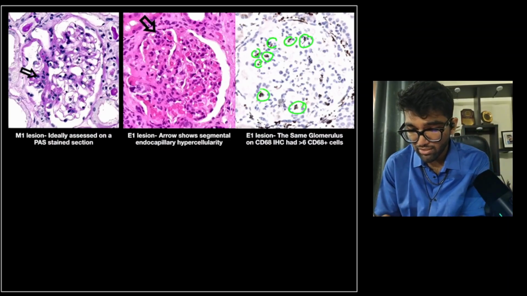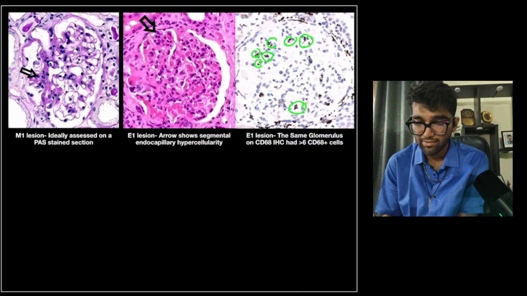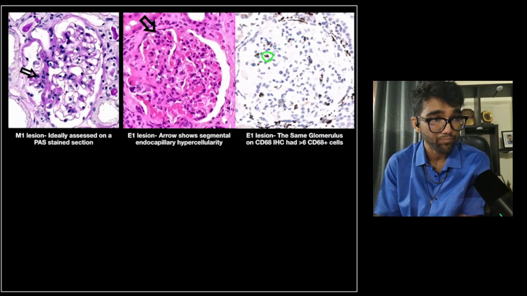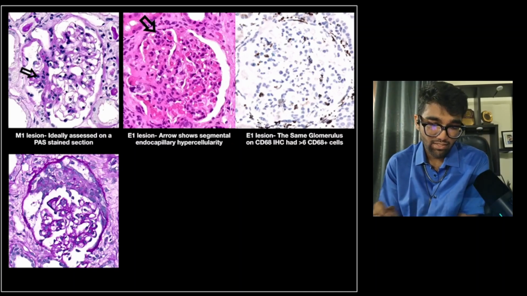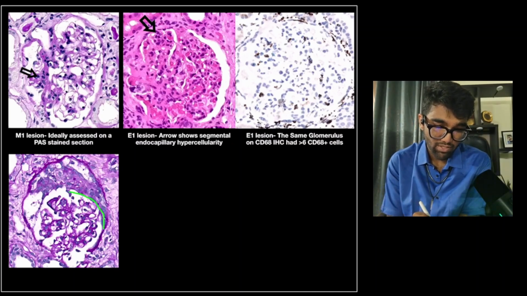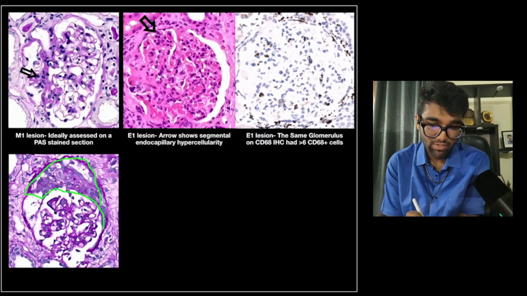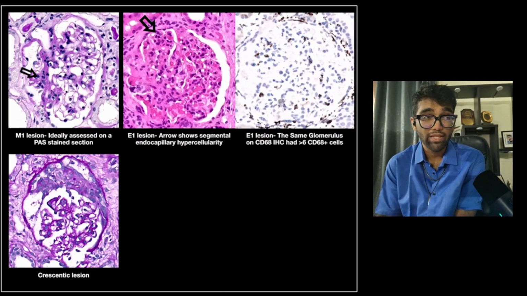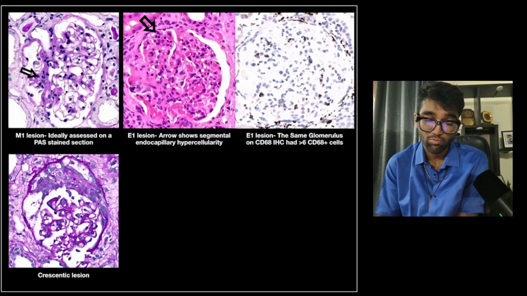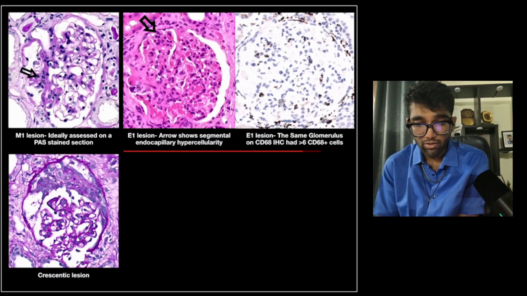So in one single glomerulus, there are more than 6 CD68 positive cells that you can see. Now, this is again a PAS stain, and this is showing a subcapsular crescent here. Okay, so this subcapsular crescent obviously would make it crescentic GN, and we would then be interested in how many glomeruli are affected. Is it less than or more than 25% of the glomeruli?